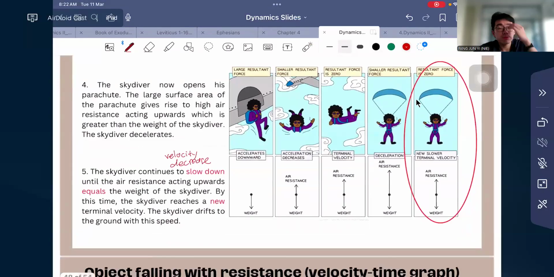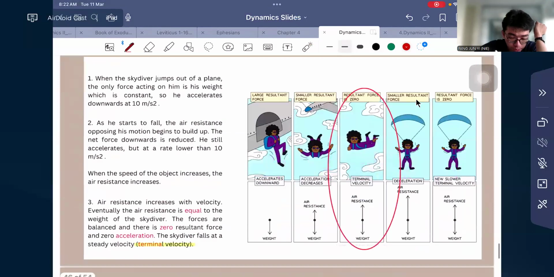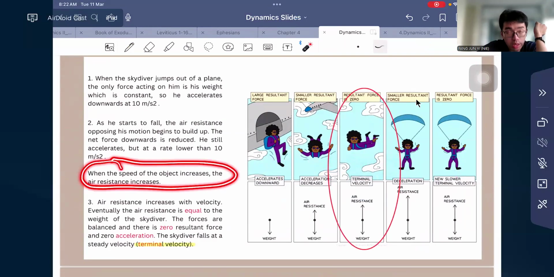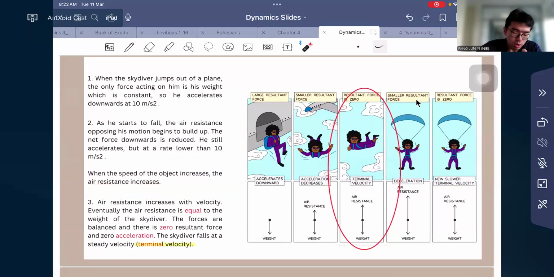And we talked about this, that when the speed of the object increases, the air resistance increases also. So vice versa will be the same as well. When the speed of the object decreases, the air resistance also decreases.